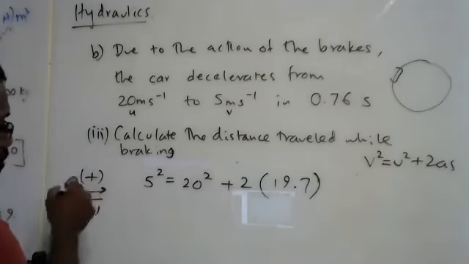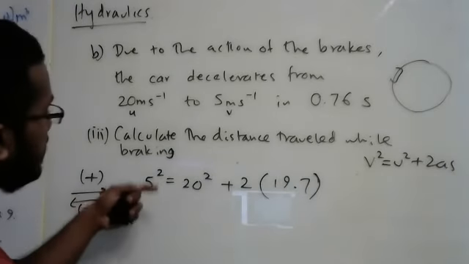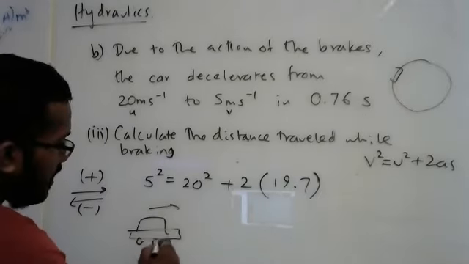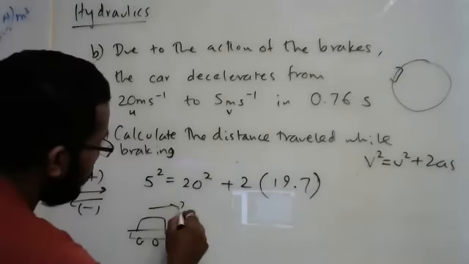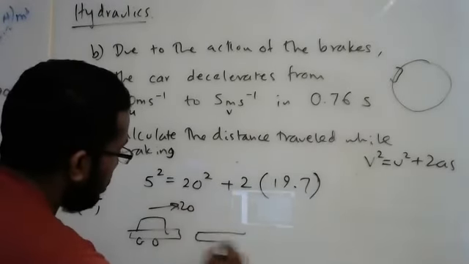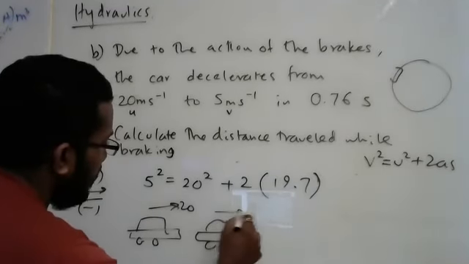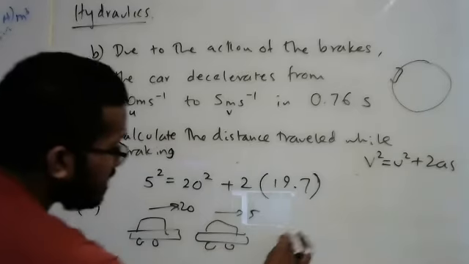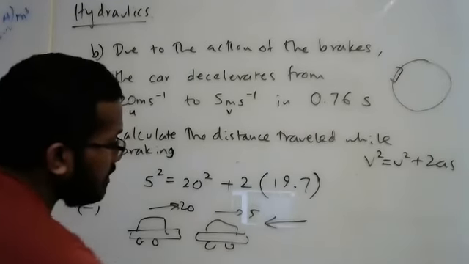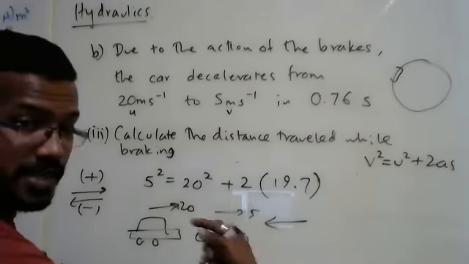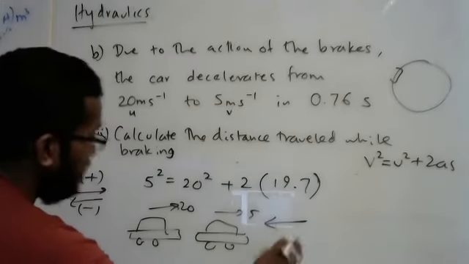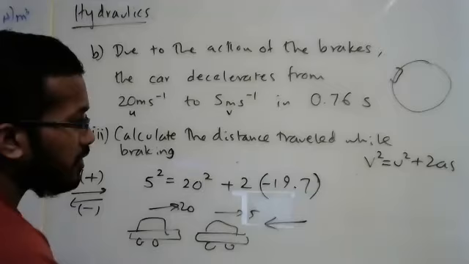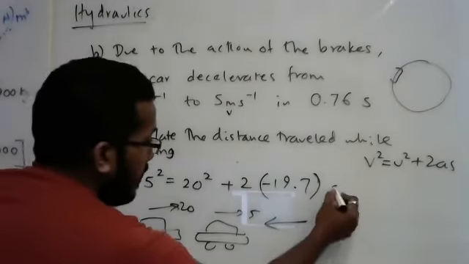Let's say the car is traveling this way, so it goes from 20 to 5. These are all positive, but the force and acceleration are acting this way. That's why the real way to do it is to put negative here. Then only you will get a positive answer for S.